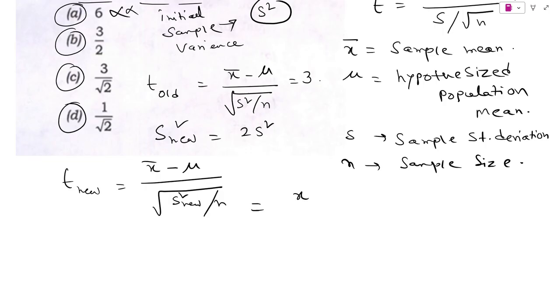This is x bar minus mu by root of 2S square by n.